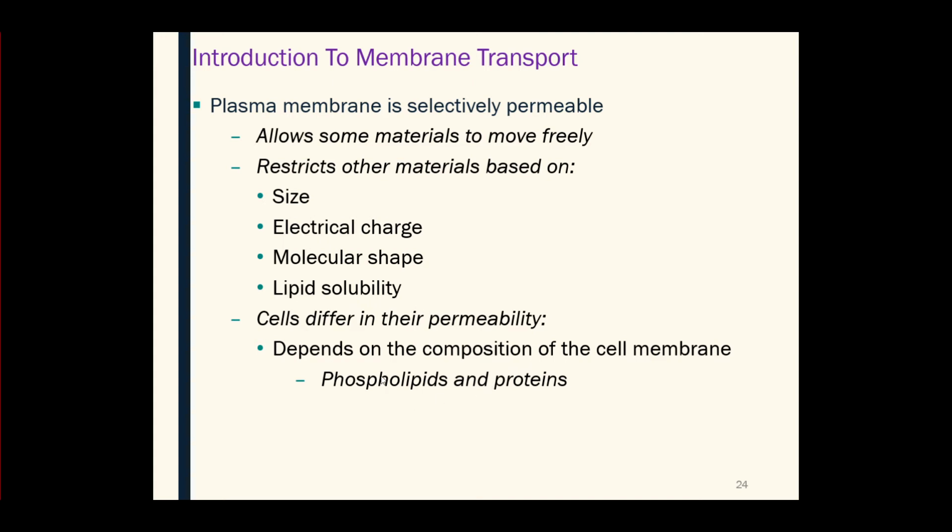So based on the amount of phospholipids and the different types of proteins that are embedded, that will determine the permeability. All of the cells are different based on their composition, their percentage of phospholipids versus their percentage of proteins.